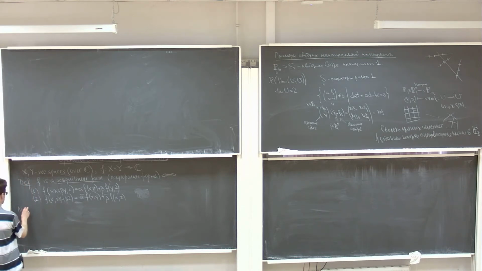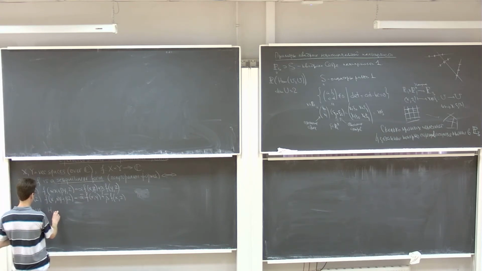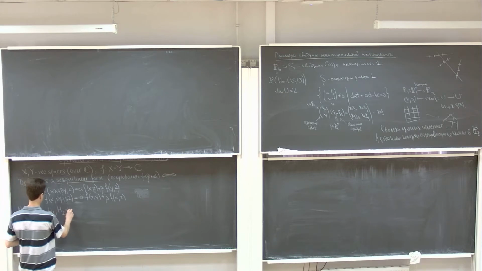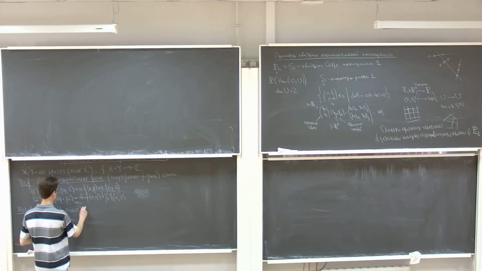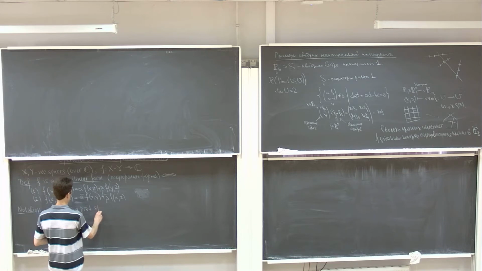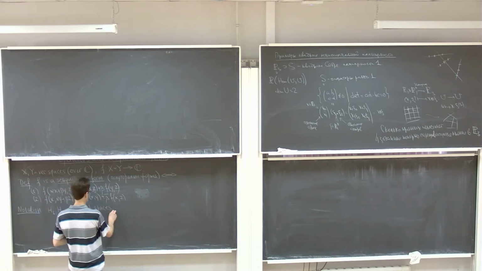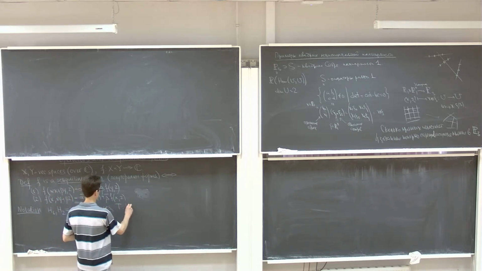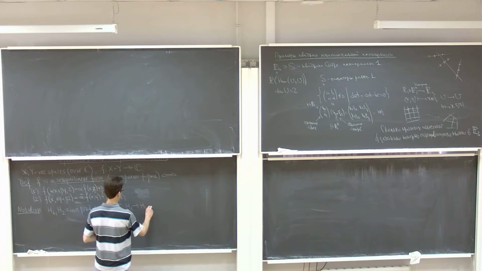So let's introduce some notation. Suppose we have two inner product spaces, H1 and H2. And suppose that T is a linear operator from H1 to H2.